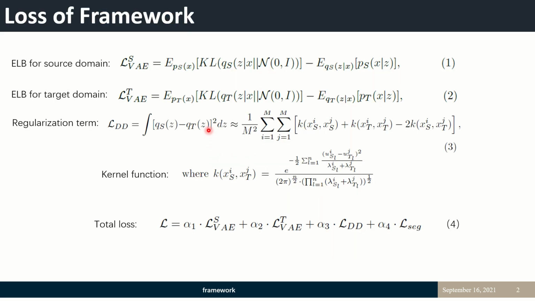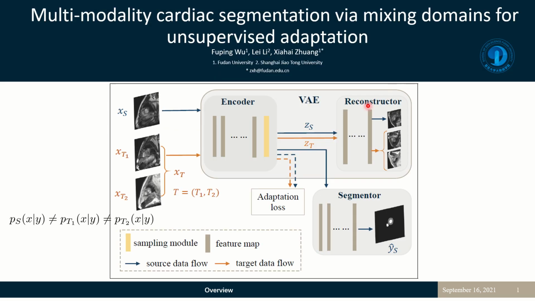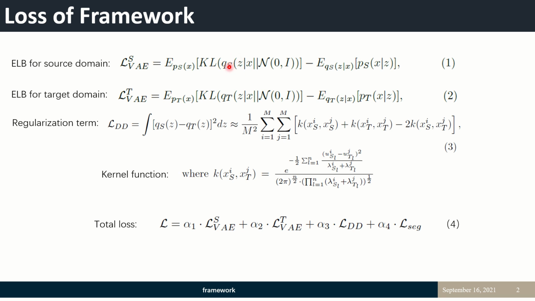For the source and target data, we would have the evidence lower bound as equation 1 and equation 2 respectively, as the objective function. In these equations, Qs and Qt denote the posterior of the features given the images, and they are modeled by the encoders. Ps and Pt are the posterior of the images given the features. They are modeled with the reconstruction module.